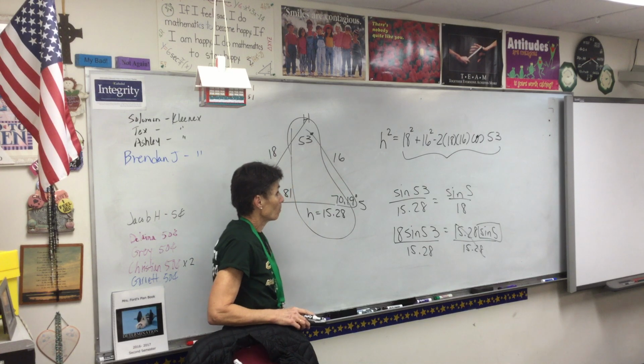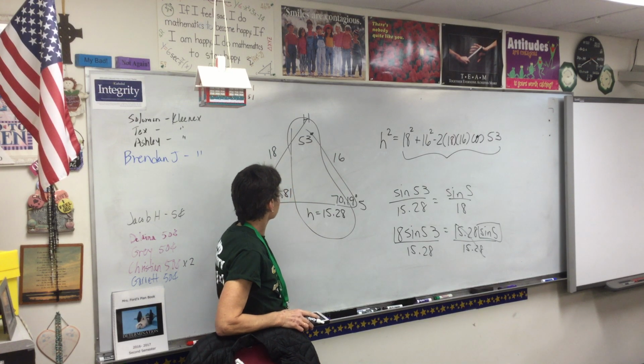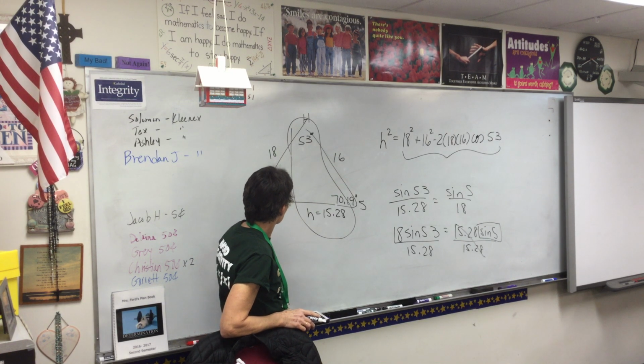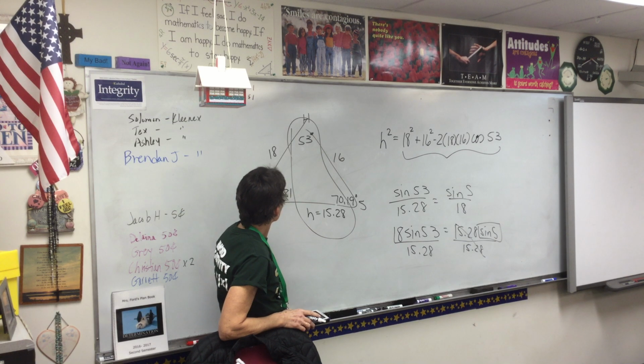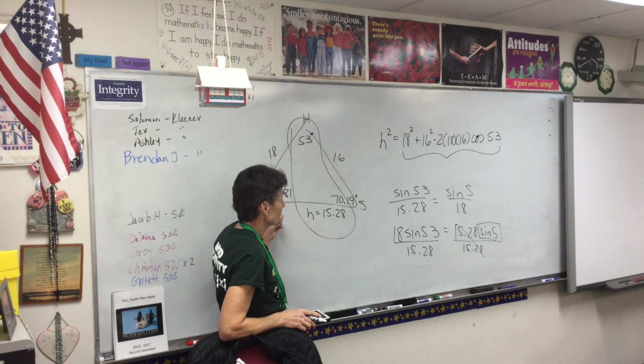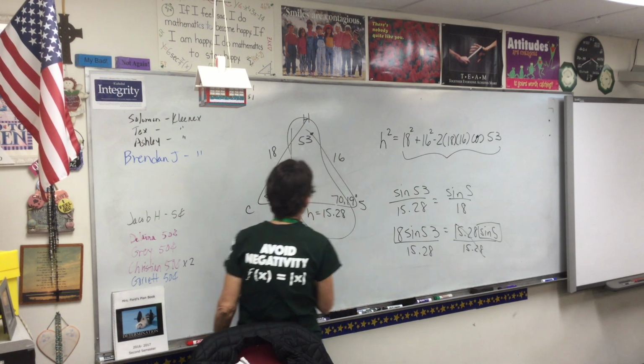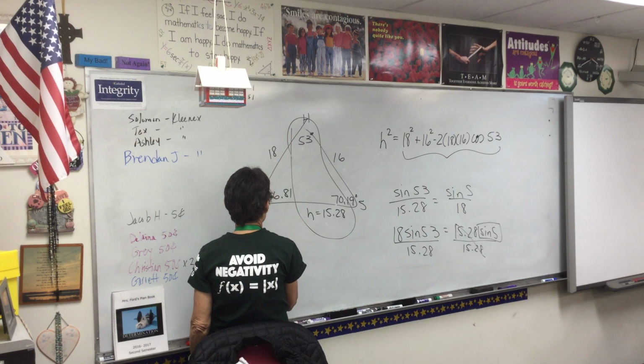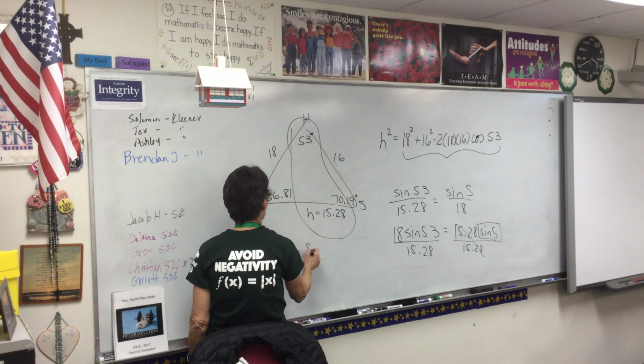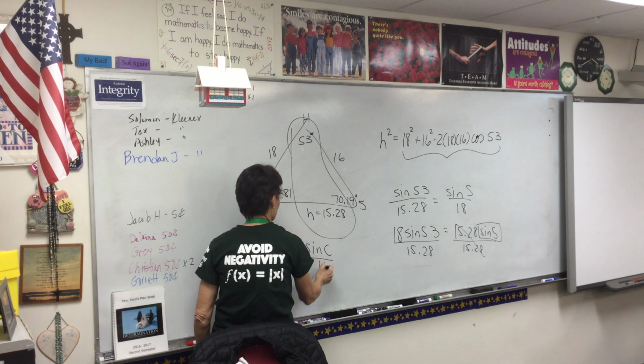Yeah, because I get C first, and I got 56.75 from 58.81, and then I have 70.25. 56.75. Yes, because I did C first. Boy, that's a big difference. Let me see. So sine 53 over 15.28 equals sine C over 16.